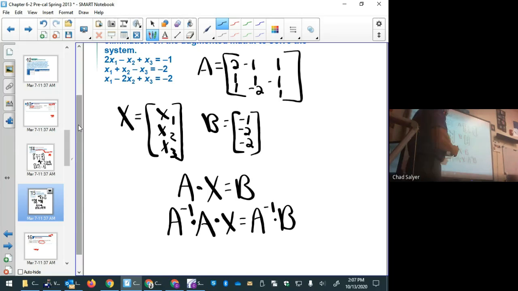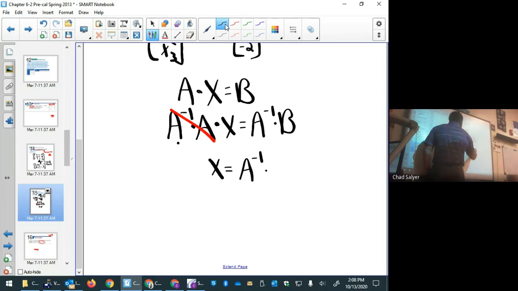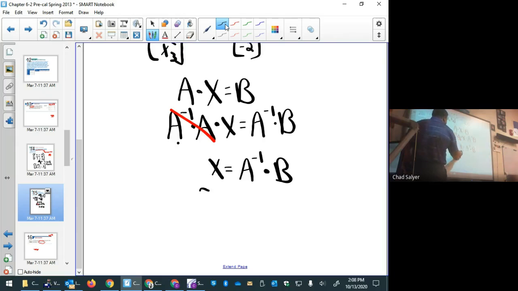That's legal. So if I multiply on the left over here, I have to multiply on the left over here because there's no commutative property. Can't just put them both on the outside, for example. Now, what happens is these cancel each other out, and I get X equals A inverse times B. So this accomplishes the exact same task as RREF.